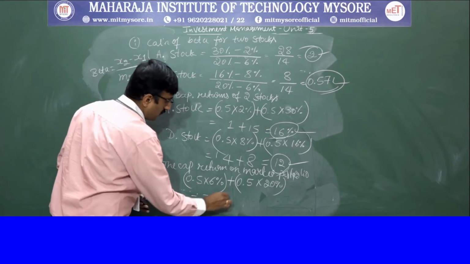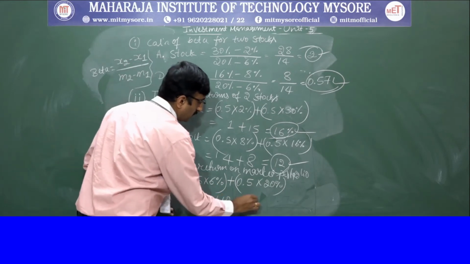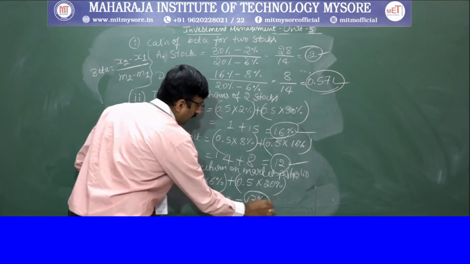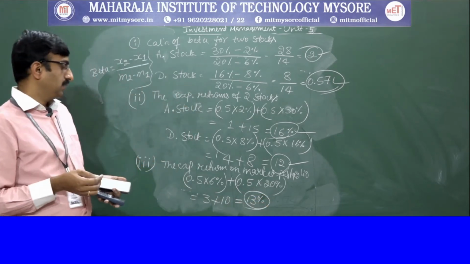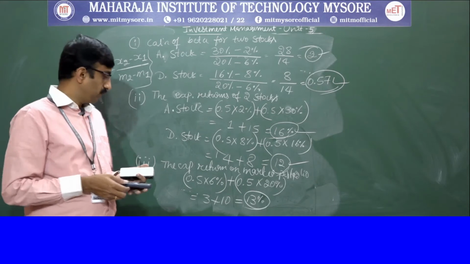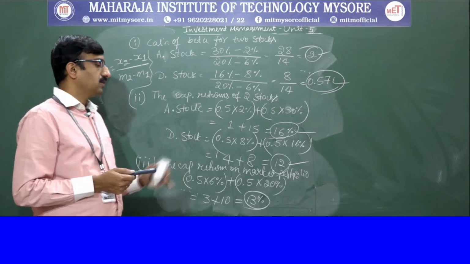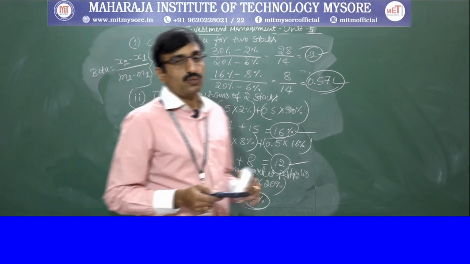That is 3 plus 10, so you will get 13%. This is the expected return on the market portfolio.